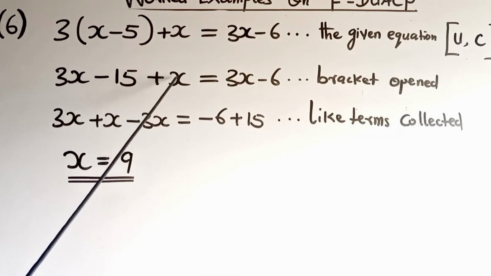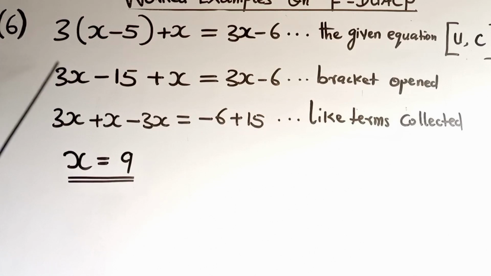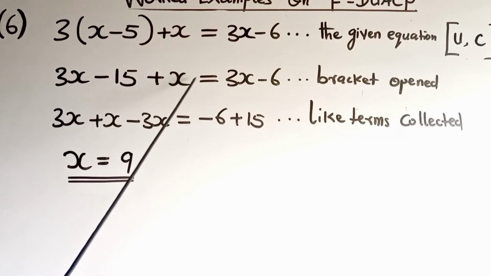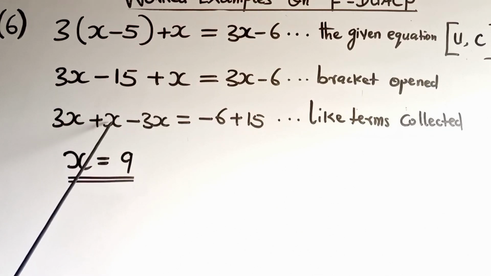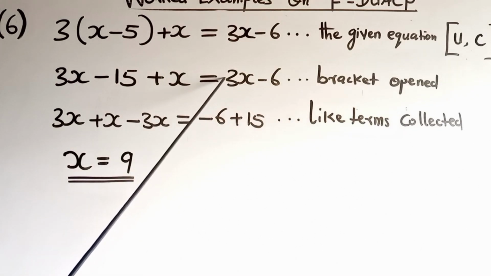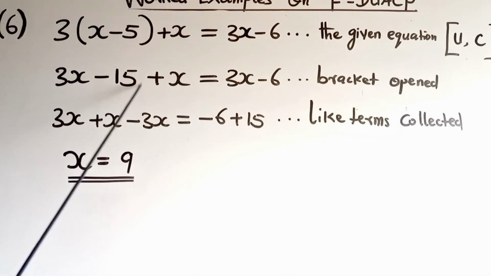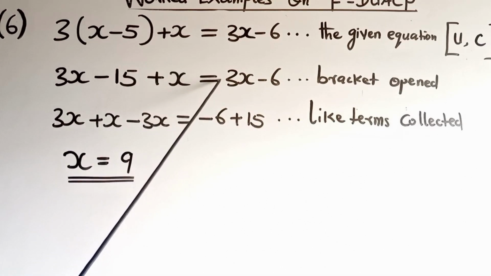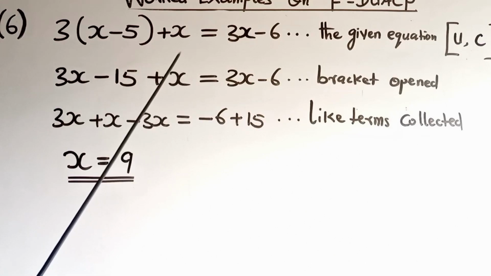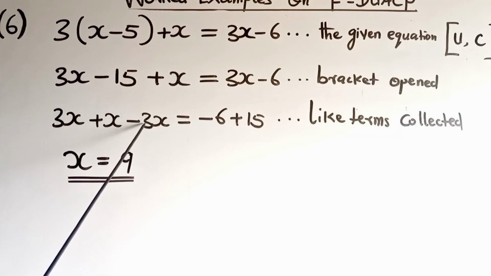If this x is being taken to stay with 3x, will the sign change? No. Why? It is not crossing this equality sign. Therefore, this x remains this x here. Will this 3x, which is plus, become plus 3x when it comes to left-hand side, or minus 3x? Certainly, because it will cross this, it is going to become minus 3x.